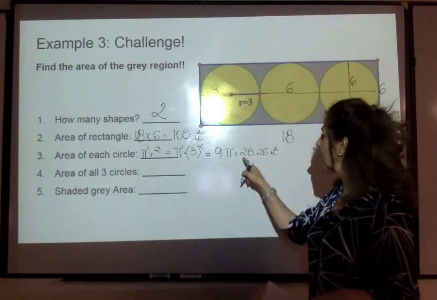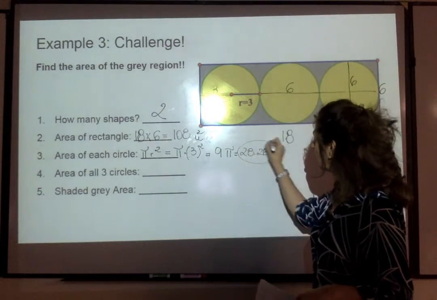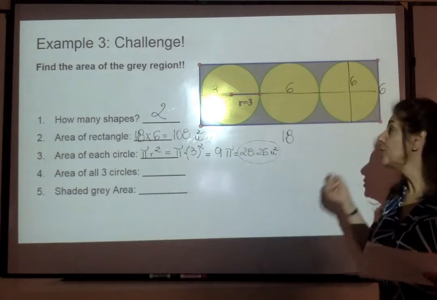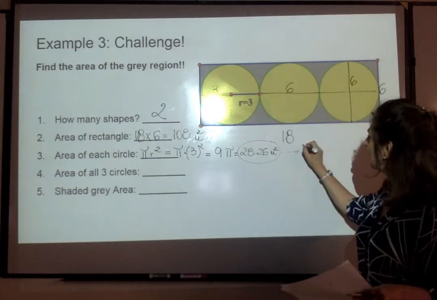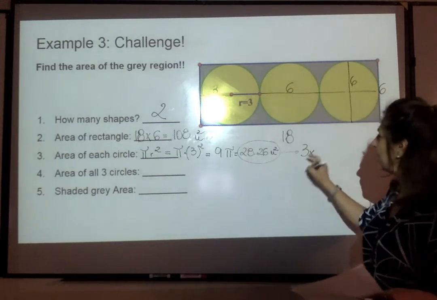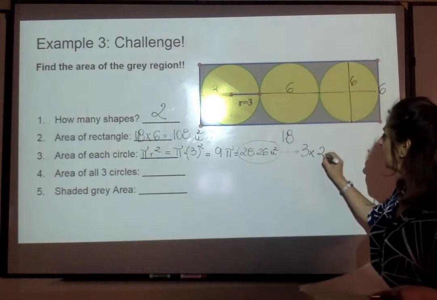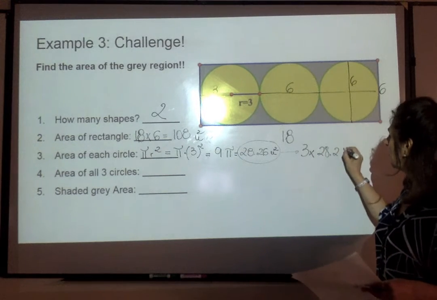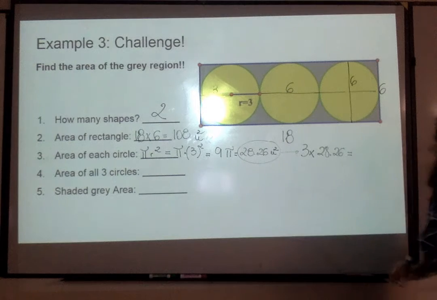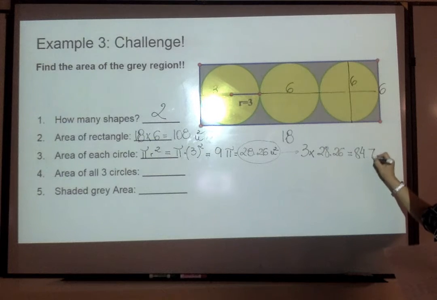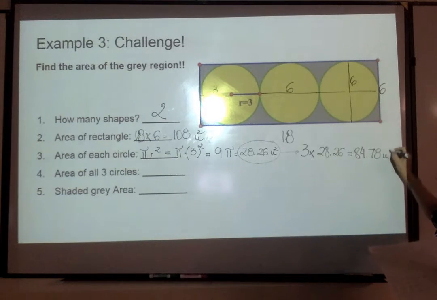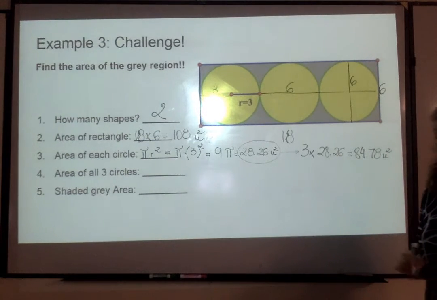But hey, this is how much one circle area is. This is the area of just one of the circles. I have 3 circles, so 1, 2, 3. So I have to get this and multiply by 3. So this is 3 times 28.26, and that is going to be 84.78 units squared.